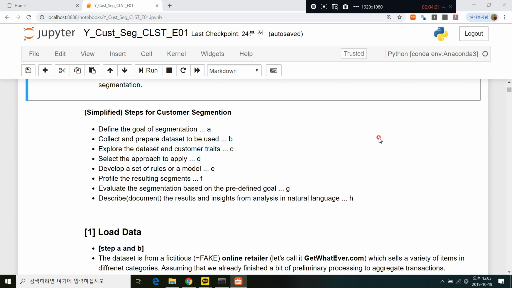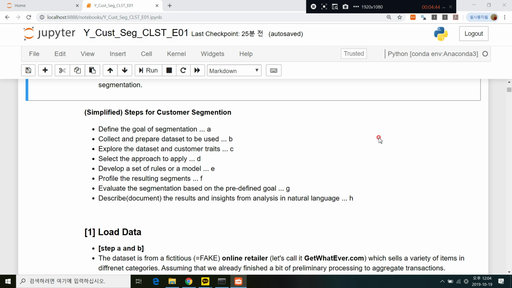Selecting the approach to apply is the next thing. Then using that approach, you may develop a set of rules or a model to segment the customers into each group.